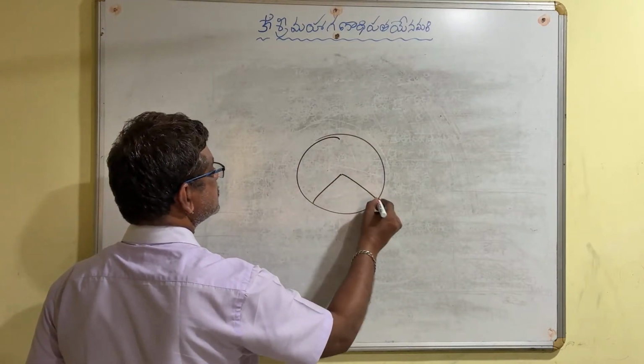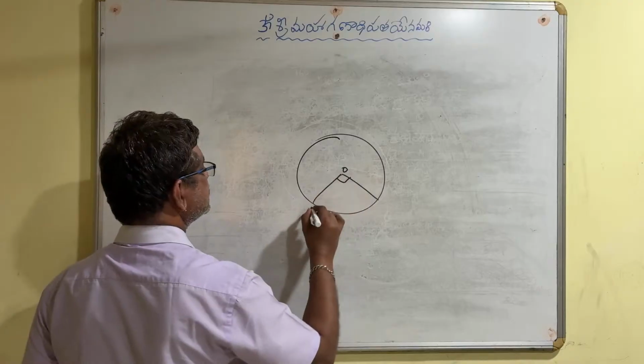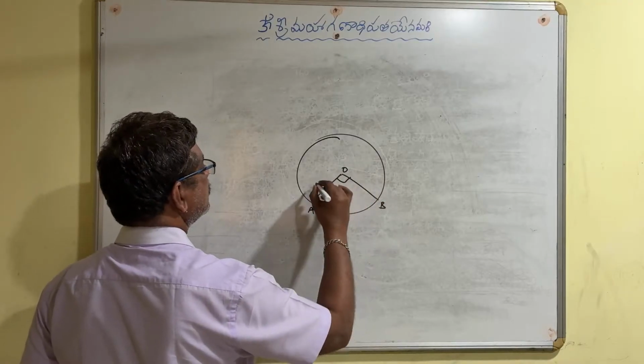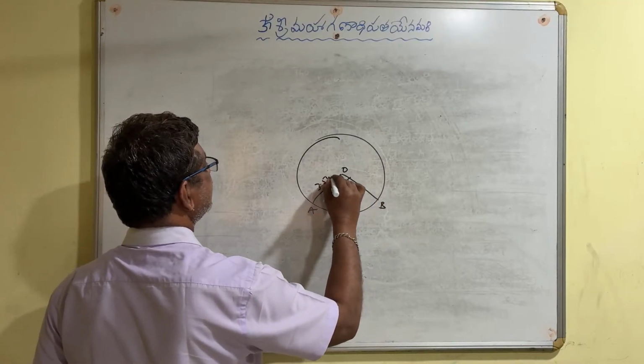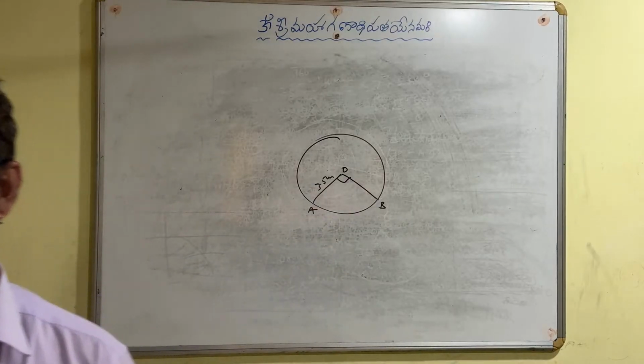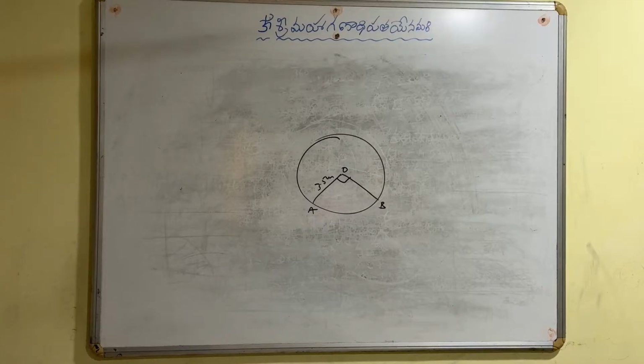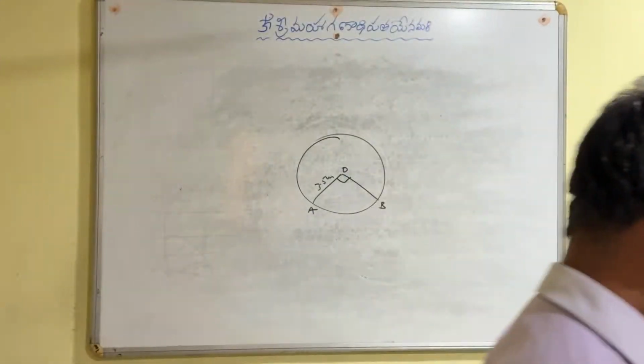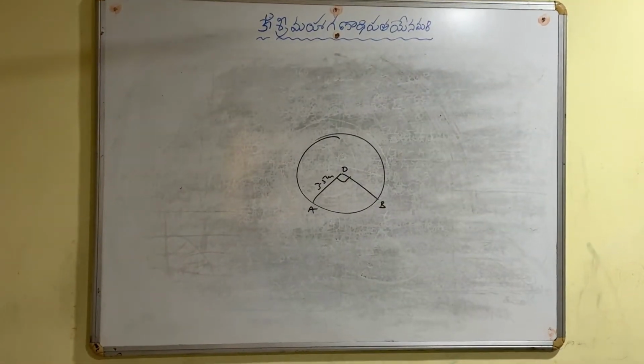Sector angle is 90 degrees. Radius 3.5 centimeters. Find the area of major sector. How to find out this one, right? Anyone? Find the area of major sector.